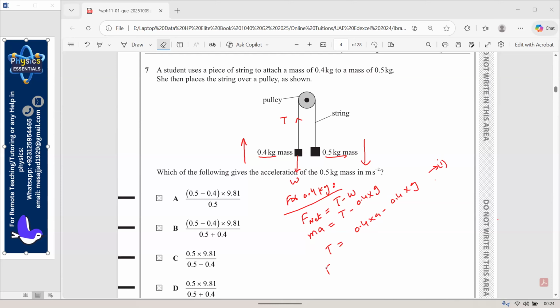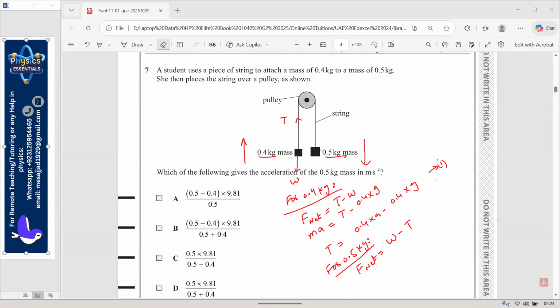Now I am going to do the same for the 0.5 kg mass. For the 0.5 kg mass, F net equals W minus T, because here the weight is acting downward. It means weight is the winning force, whereas the tension is the losing force.